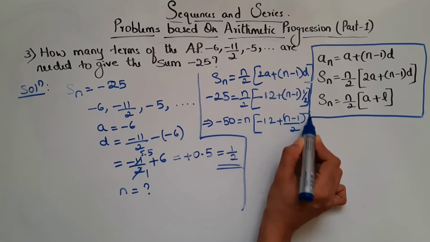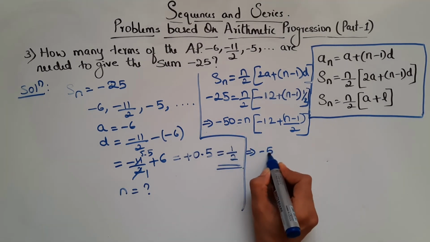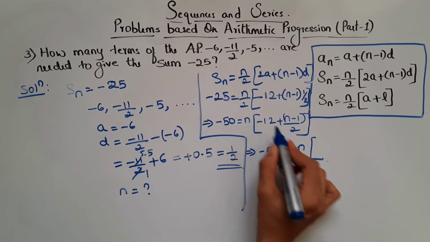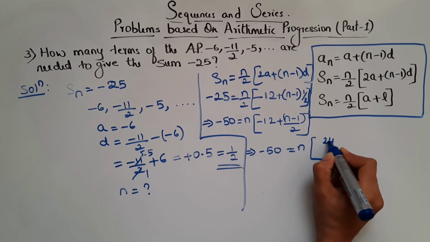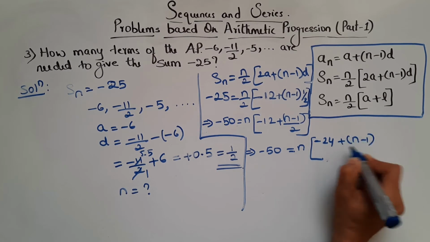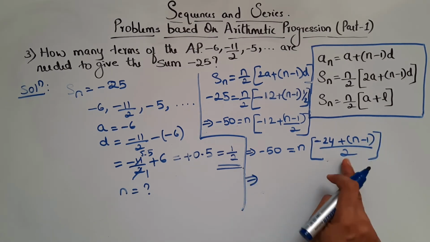So this implies minus 50 is equal to n into, let's take the LCM here, minus 24 plus n minus 1, whole by 2. Let's take this 2 to the other side.